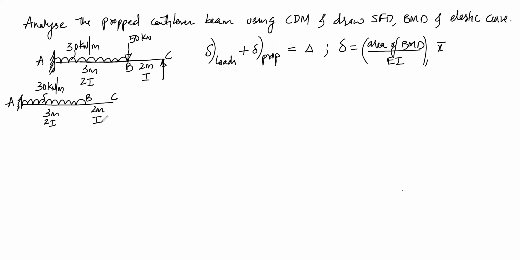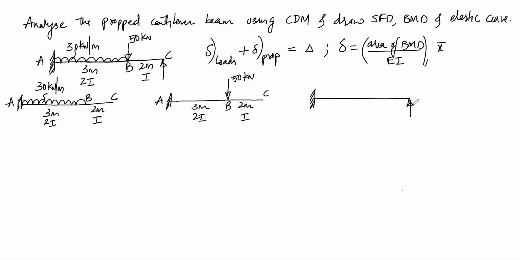This is one cantilever. The other cantilever is cantilever with point load of 50 kilonewtons. This is 3 meters and 2I, and this is 2 meters and I. It's point A, point B, point C. And the other cantilever will be cantilever with prop.